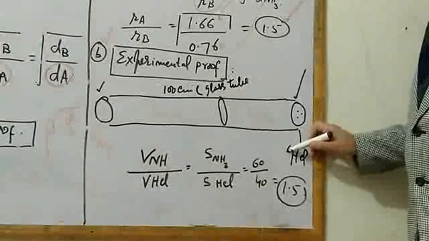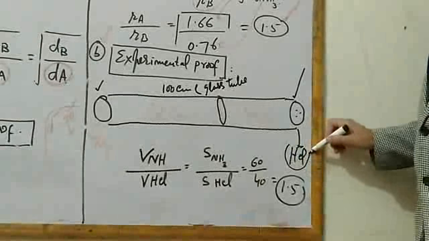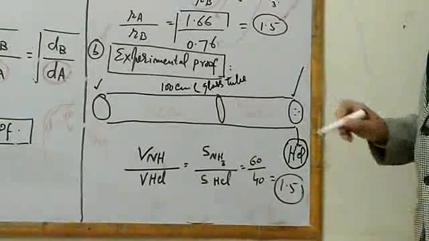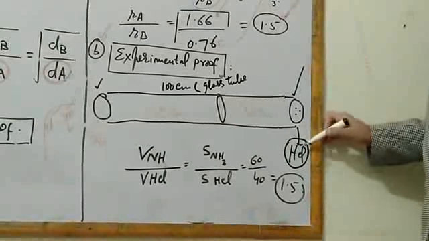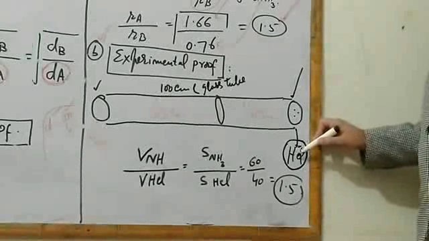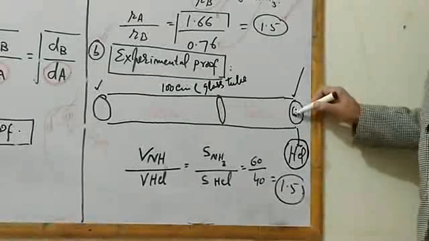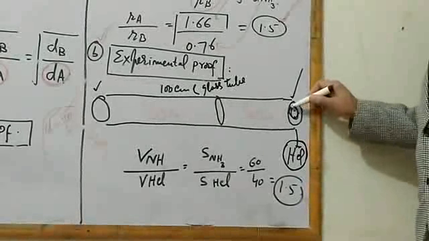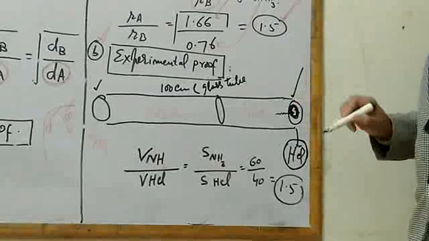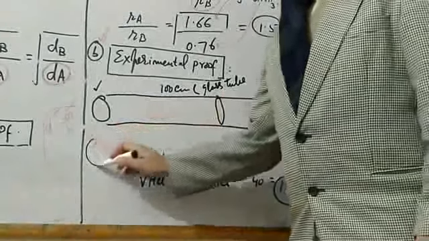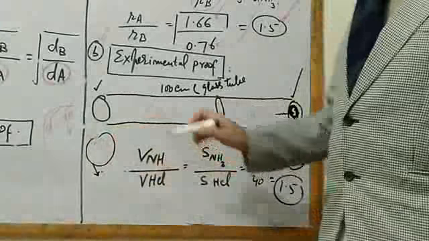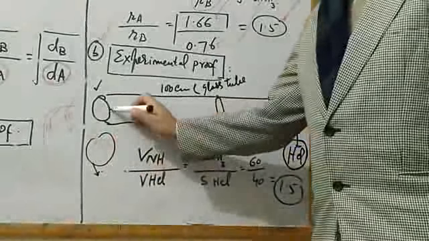Now what you will do, you will take a cotton swab, a piece of cotton, and soak it in HCl. Put the cotton piece here, and here take also a small piece of cotton and soak it in ammonia.